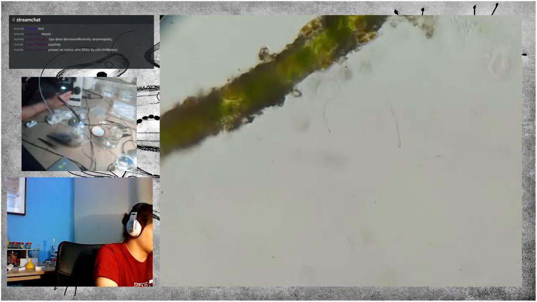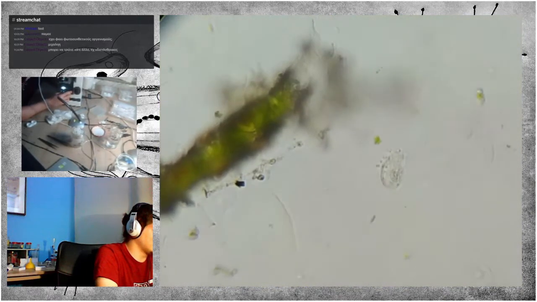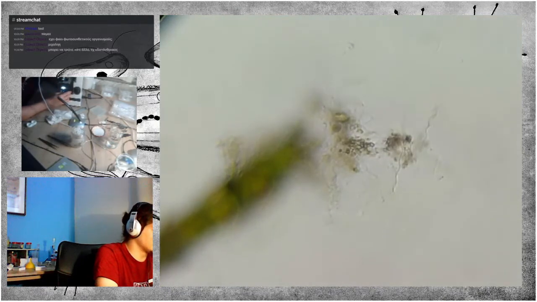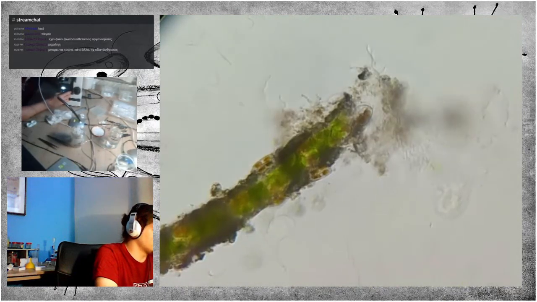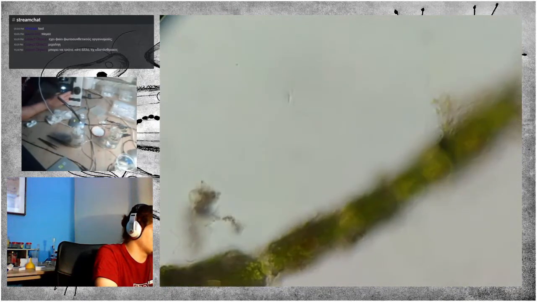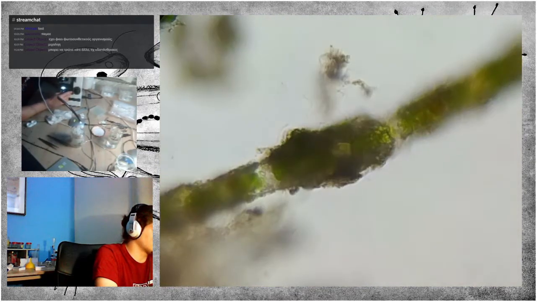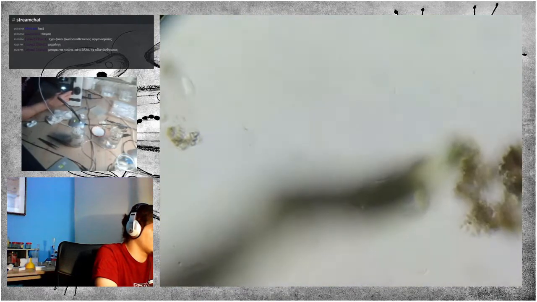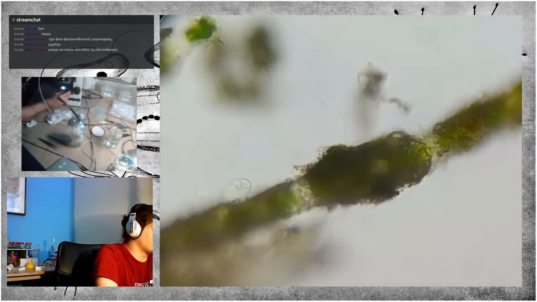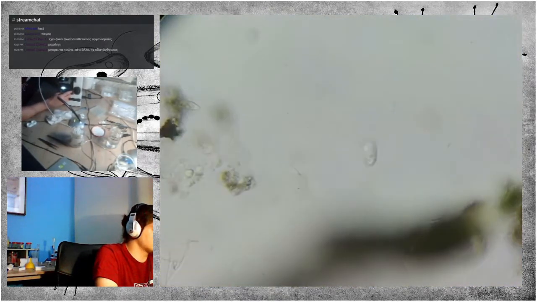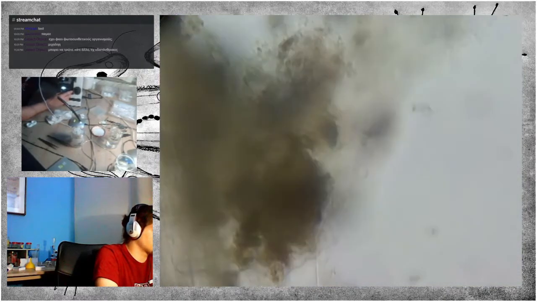And in water samples, they're especially abundant because there are more nutrients, and more possibility to find a host if they're parasitic or if they're infectious to, for example, ciliates or animals.